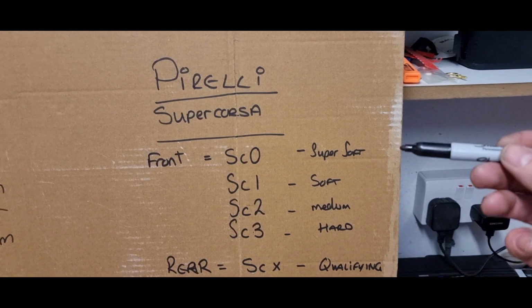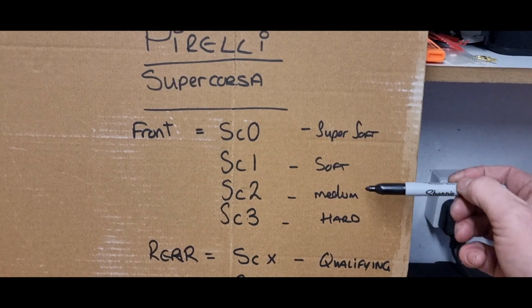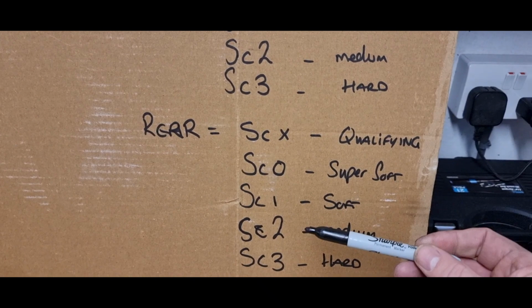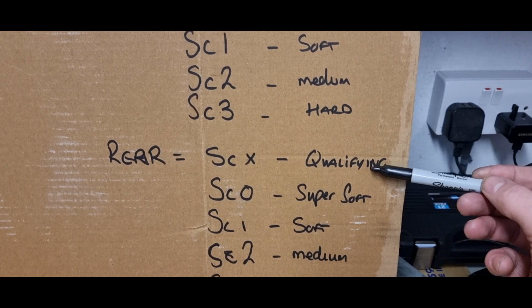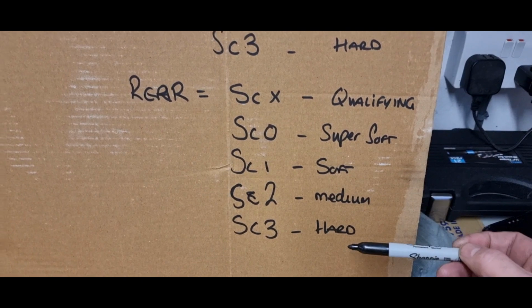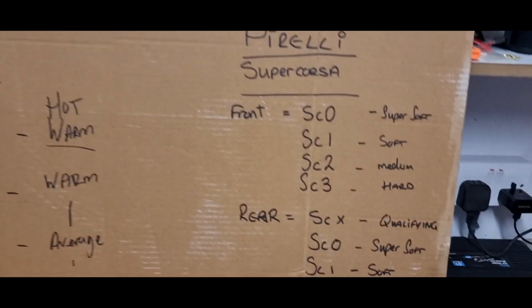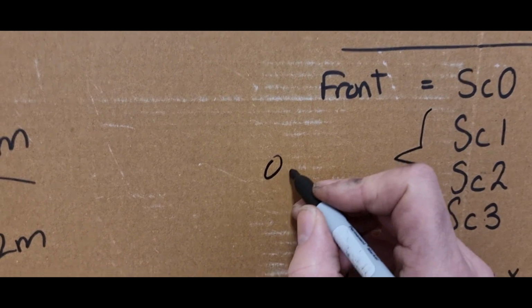When it comes to your fronts, you've got an SC0, which is a super soft, SC1 is a soft, 2 is a medium, and 3 is a hard. It's the same, apart from you have an SCX, which is a qualifying tyre. And then you've got your 0, your 1, your 2, your 3. The difference between a Pirelli and a Metzeler, your fronts are the opposite.